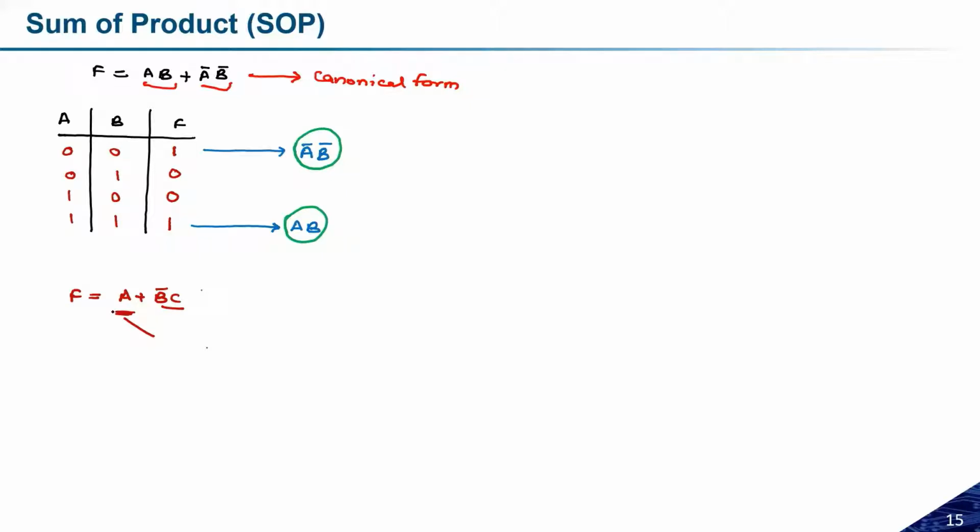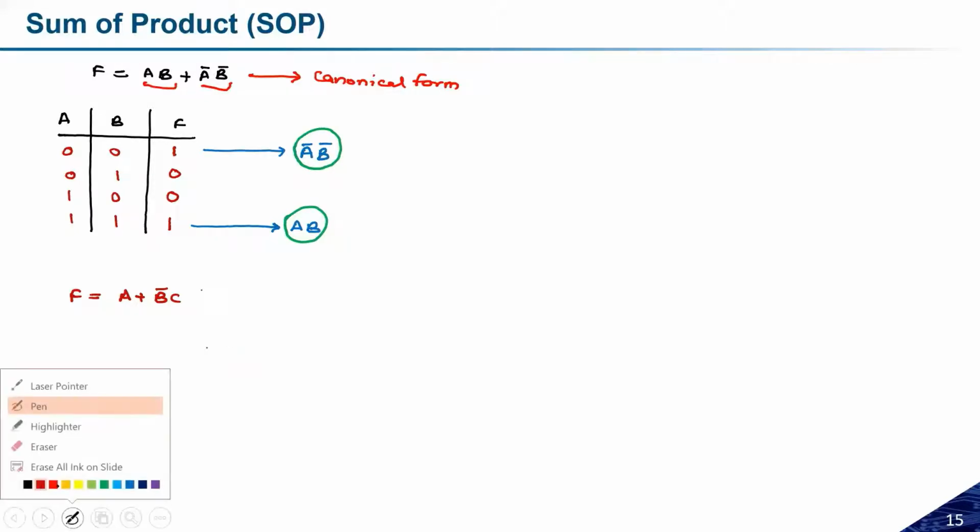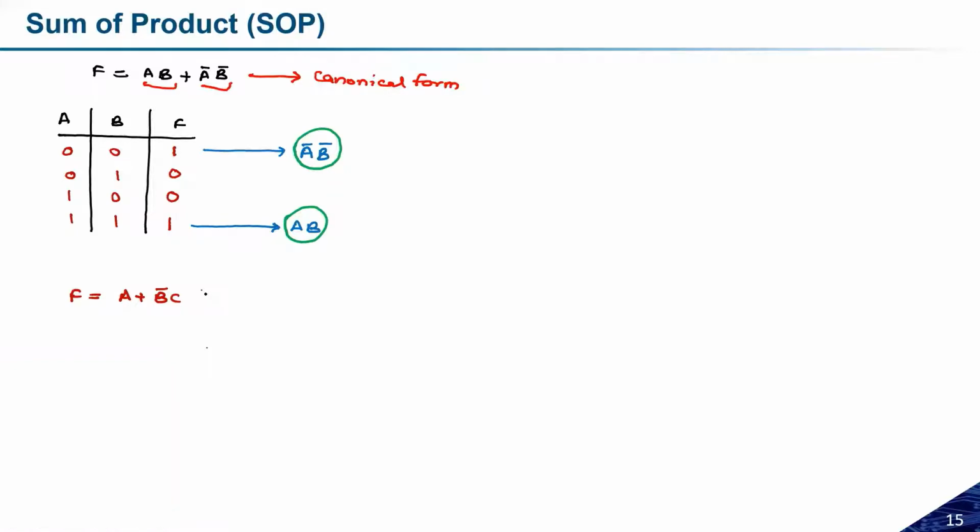If the expressions are something like that, this kind of form, we call the minimal form or the standard SOP form. Let me write it somewhere here: we can call them the minimal form or standard SOP form.